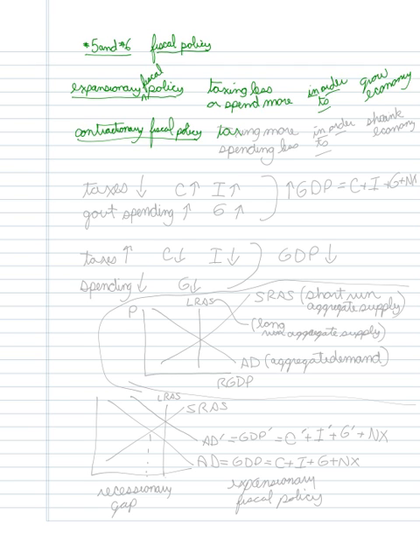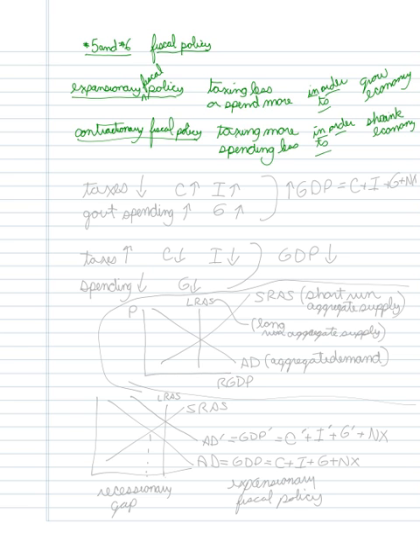This would mean taxing more or spending less in order to shrink the economy. Now, why would you do that? You would do that primarily because an economy is doing too well and you want to kind of cool it down a little bit.